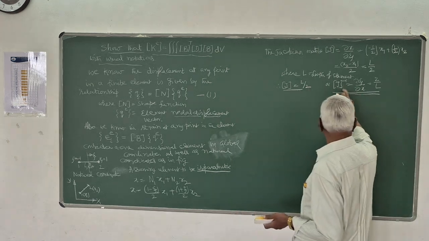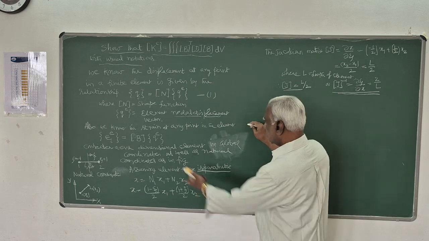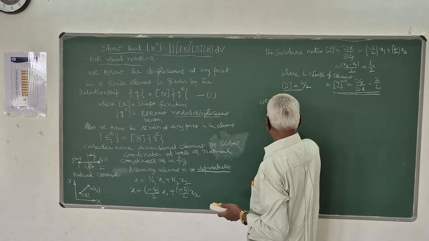Once you know the Jacobian inverse, then we can find the strain.